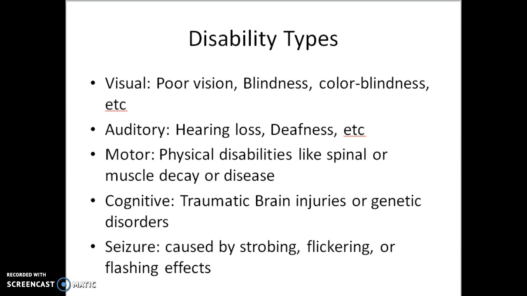Disability types fall under 5 main categories. Visual, which usually stands for poor vision, blindness, color blindness, and other types of vision disabilities. These just basically stand for stuff that are wrong with your eyes, like wearing glasses, or unable to see anything, or unable to see certain colors.